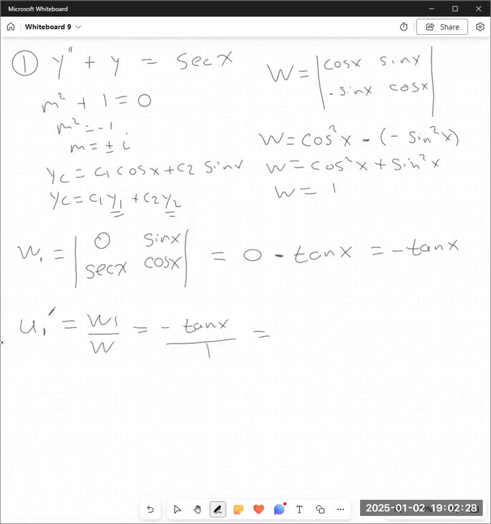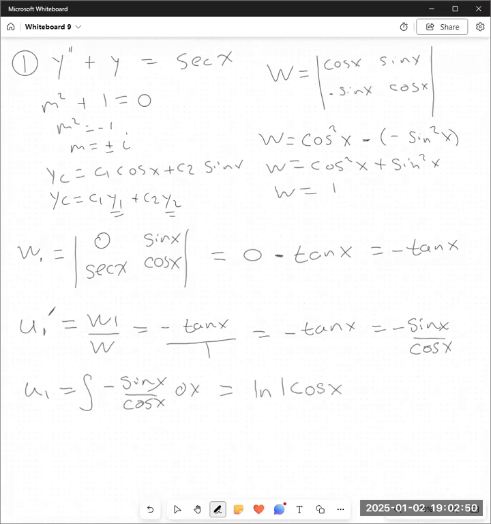So my u1 prime is a negative tangent x, or I'm going to call that a negative sine x over cosine x. So if I want to find u1, I need to integrate this. It's a negative sine x over cosine x dx. So that's going to be ln of the absolute value of cosine x.